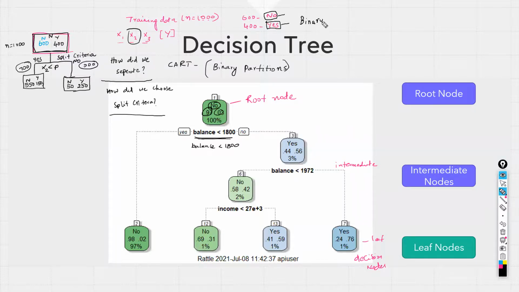Now in this objective, I have a root node with 1000 observations. Out of them, 600 belong to no and 400 belong to yes. I want to separate them into two smaller nodes in such a way that in the smaller nodes, we have better separation between the ratios of no and yes.